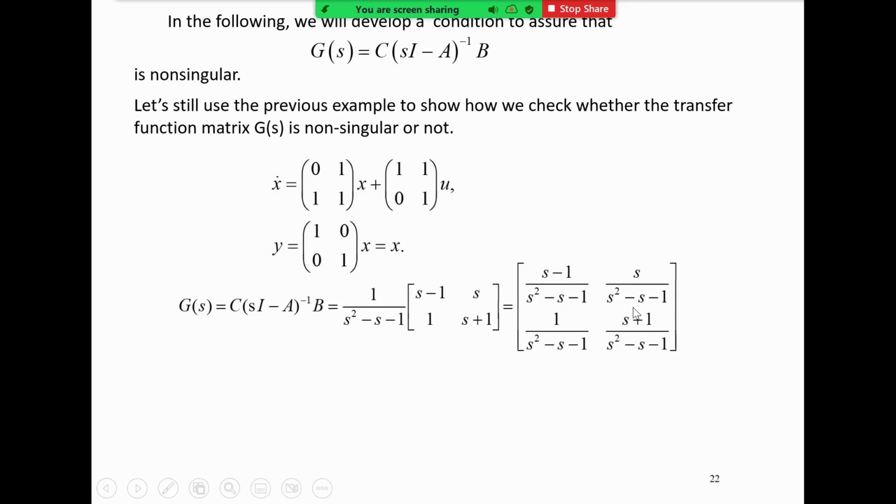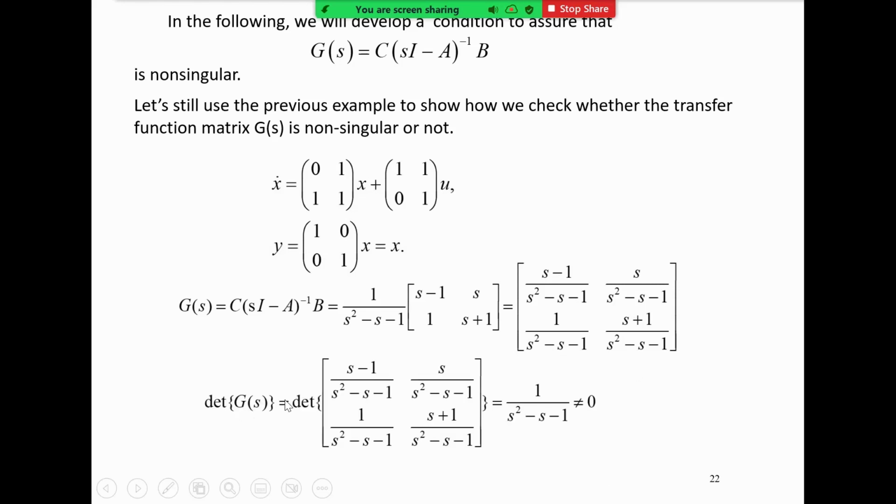There is an easy way: you get the determinant. If we get the determinant of this matrix, of course, it is not 0. But we know this procedure involves computing the transfer function, and we don't want to do that. So let's find a simpler way. Can we do it without using the whole transfer function?